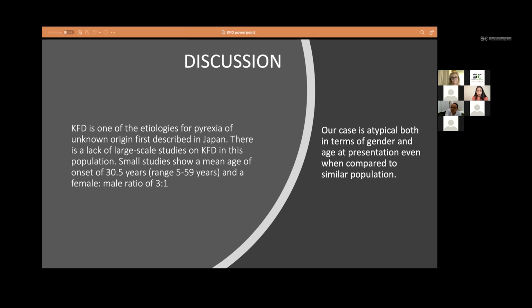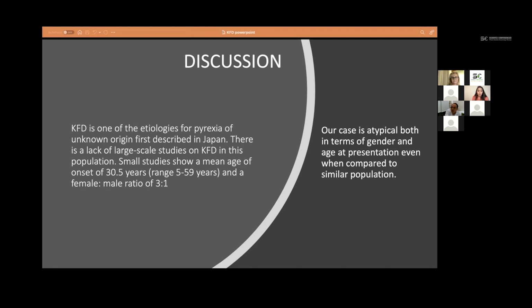So this case is unique, even for a rare disorder like KFD, because it is atypical in terms of gender and age of presentation when compared to a similar population. Initially, KFD was considered one of the etiologies of pyrexia of unknown origin and was first described in Japan. So it was seen more commonly in Japanese and Caucasian populations.